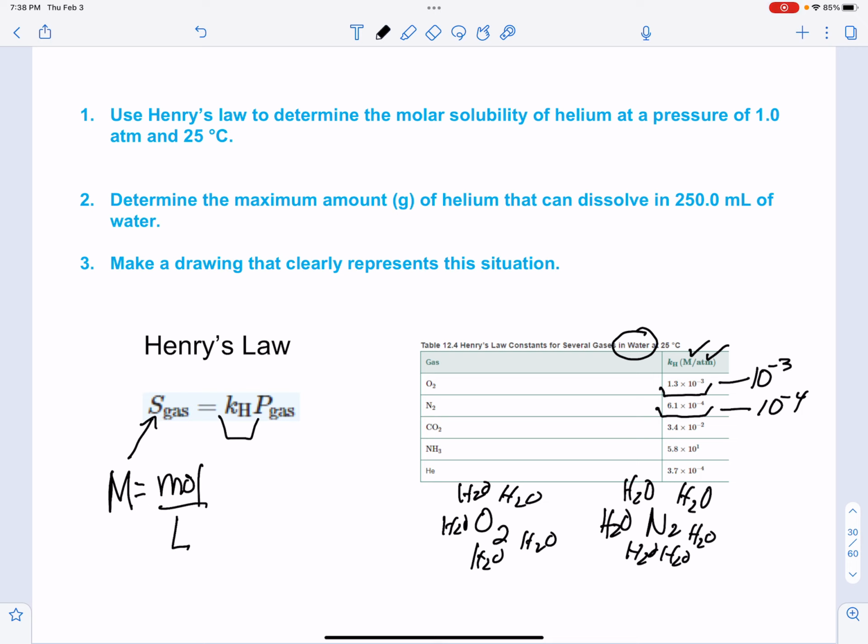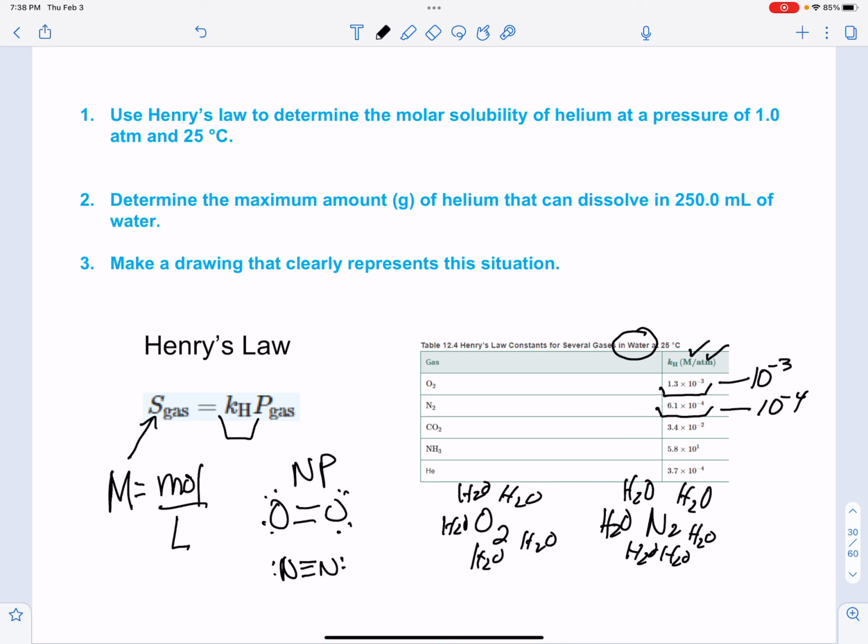And for that, you have to go back to the beginning of this course. You have to go back to intermolecular forces. Oxygen, Lewis structure. We can see that it's a symmetrical molecule, therefore non-polar. Nitrogen, Lewis structure.